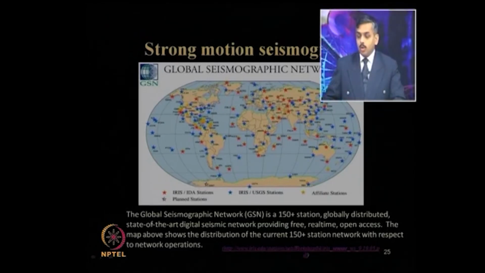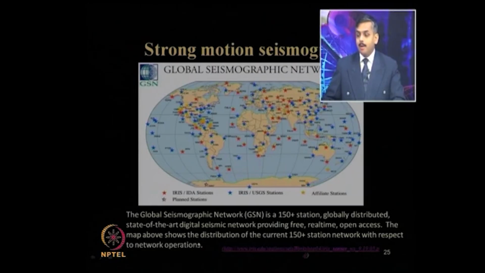So, this Global Seismographic Network is more than 150 stations globally distributed all over the world, and state of the art, showing a state of the art digital seismic network providing free real time open access. So, you can get real time seismic monitoring through these points all over the world whenever any earthquake is occurring at any point on the globe.